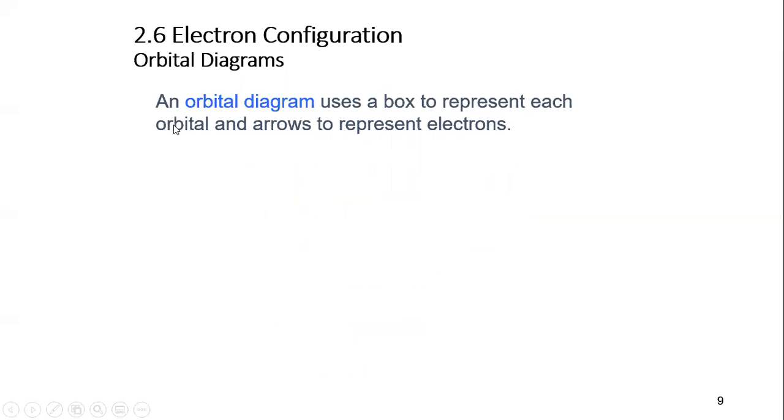Now the way we illustrate or visualize these electrons is by using what's called an orbital diagram, which, as we saw on the 2 slides back, is that diagram with the boxes, and we use arrows to represent the electrons in the orbitals. So each box represents an orbital, and when we have only one arrow in the box, it's referred to as an unpaired electron, and it's always pointing up when you put it in the box first.